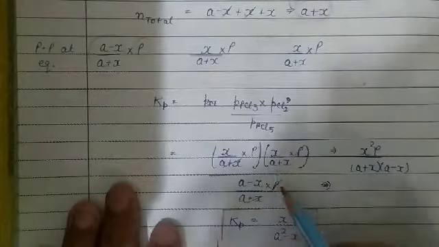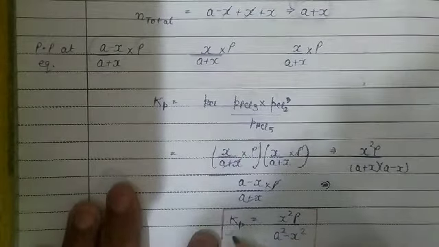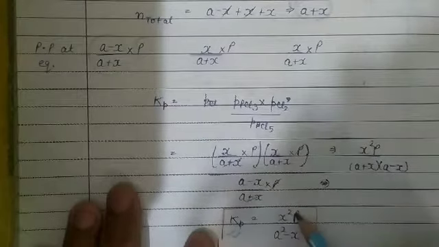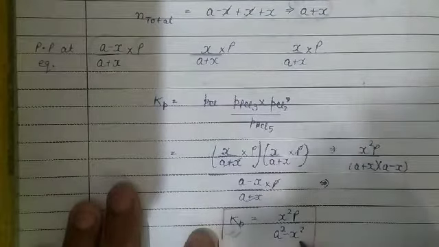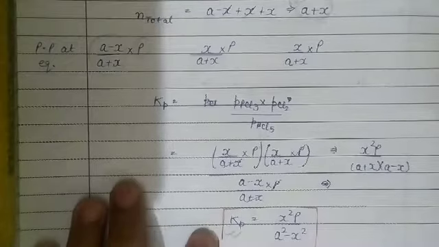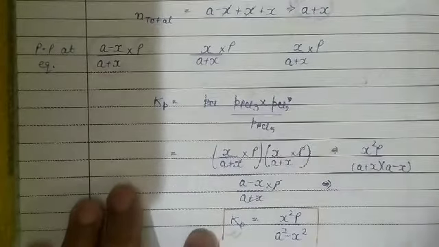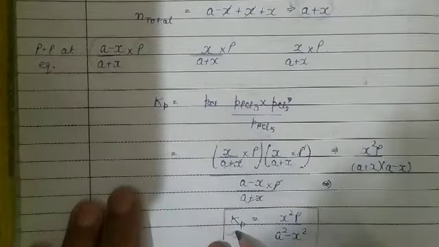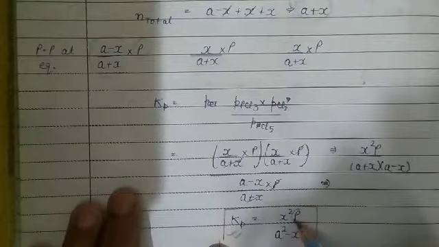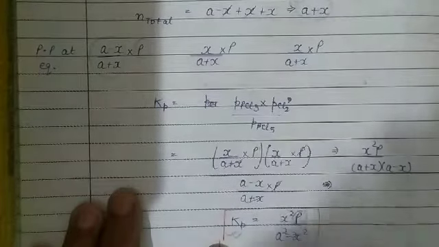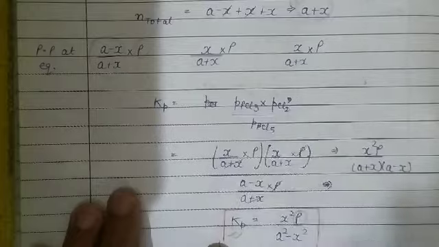Substituting the partial pressures of each gas and solving, we get the value of Kp, which is X square into P upon A square minus X square. One note: according to this, Kp is directly proportional to pressure. So this is the expression of Kp.